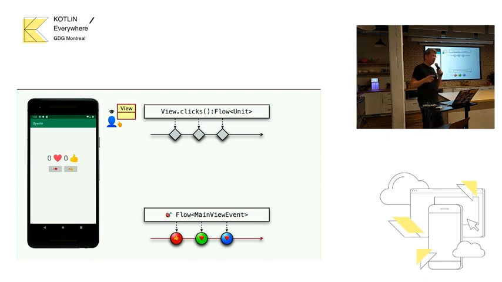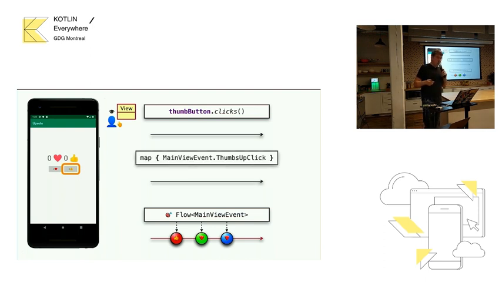The goal, though, here is not to have a flow of unit clicks. We want main view events, right? We want these upvote events, or upheart events. So if we take the thumbs up button as an example, I'm going to take the actual thumbs up view and call clicks on it, that new extension function I defined earlier. Then I get a flow of units.